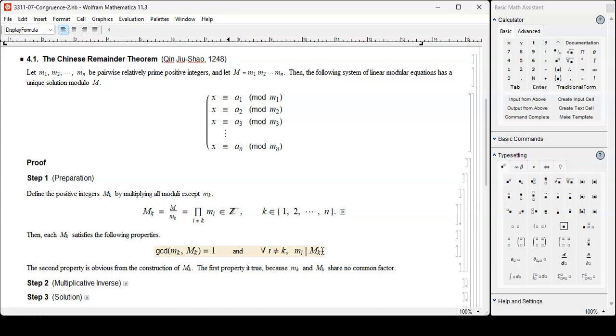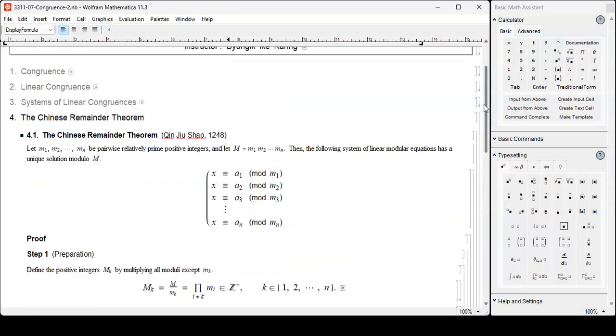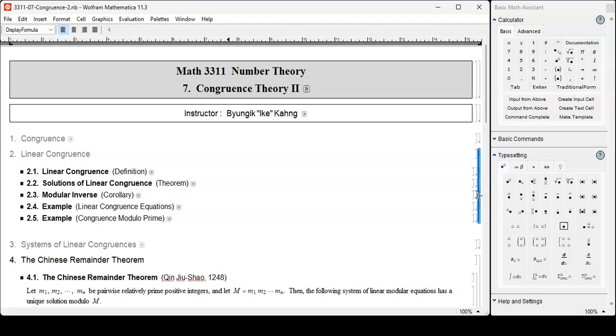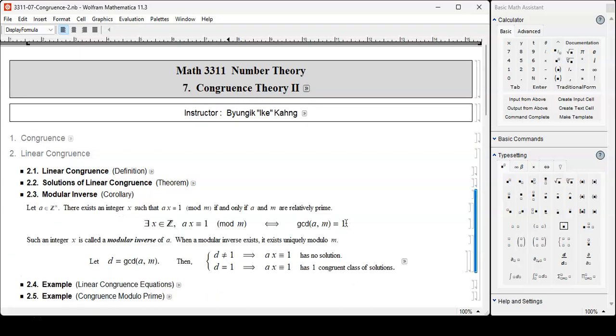And consequently, we can consider the multiplicative inverse of capital Mk modulo small mk. Remember the modular inverse condition, this one here. Capital Mk goes in place of a, and small mk is this m.